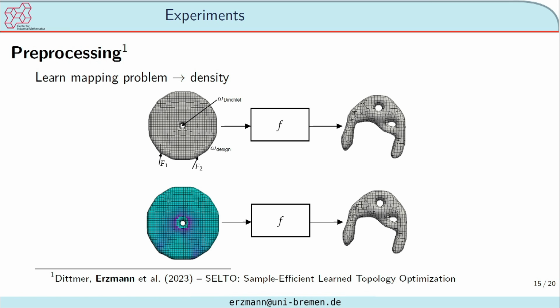Do you think reinforcement learning could help with that, in the sense that you could have an agent that optimizes the topology step by step, and in the end you could estimate the compliance once and treat it as a reward?